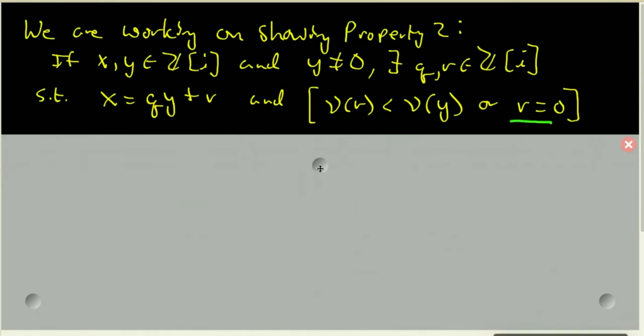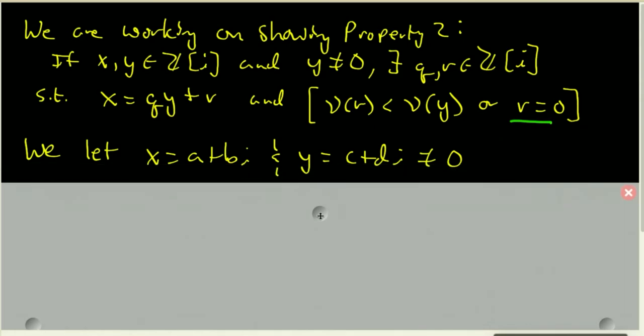And in our quest to do that, we let x be a plus bi and y be c plus di, and we specifically said that y was not going to be 0, so c squared plus d squared is at least as big as 1.